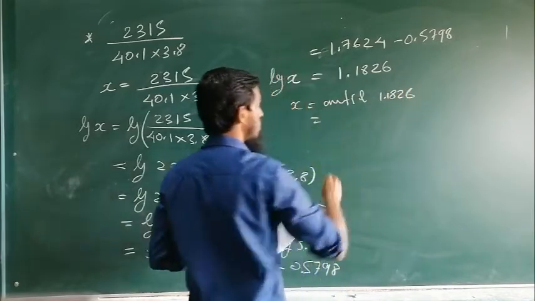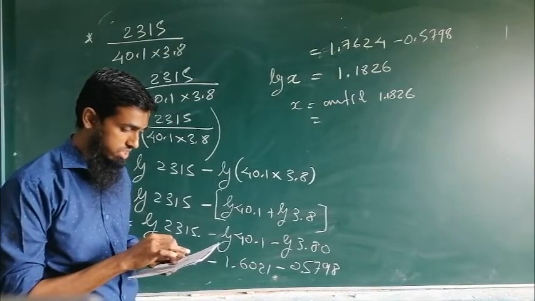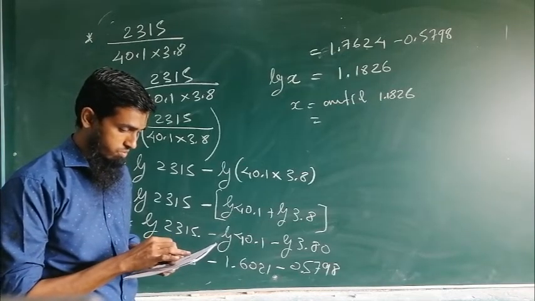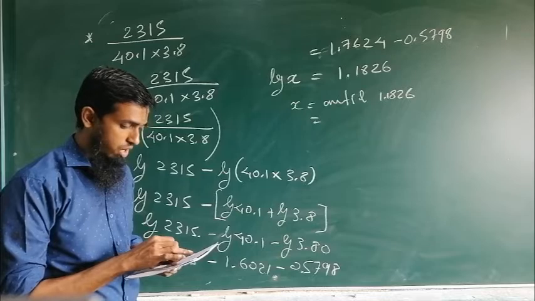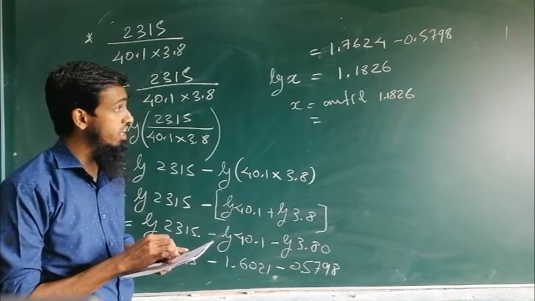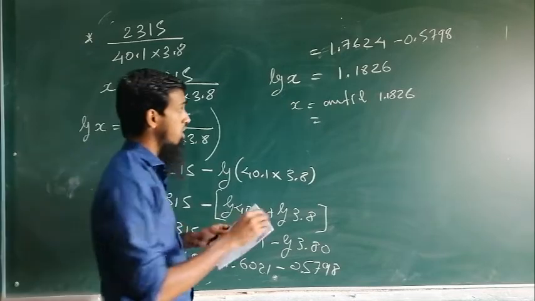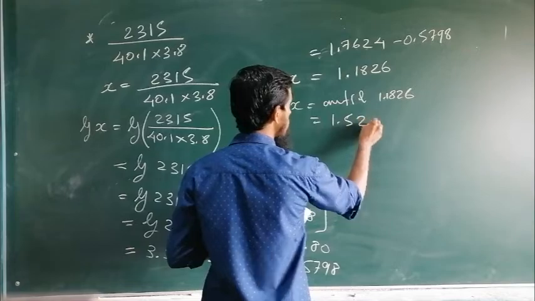1826. So find the value 1826. You have 1818. Okay, 1818 you have. So 1818 is 15th row, second column. So 1.52.